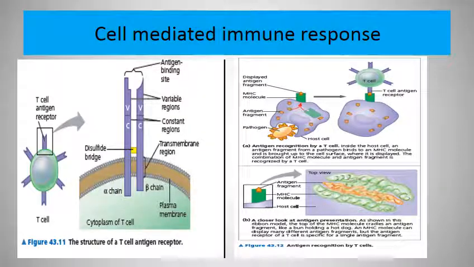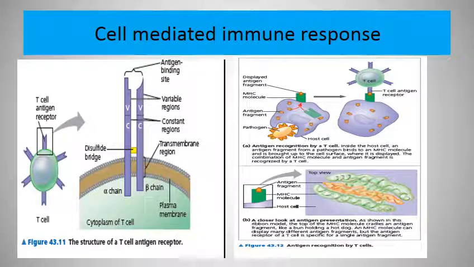Now here you have these T lymphocytes. You see the T cell antigen receptor and the structure of the T cell antigen receptor. This is not necessary for you, but you can just have an idea about these antigen receptors. It is made up of these alpha and beta chains, and this antigen binding site. Look at the shape of the antigen binding site.